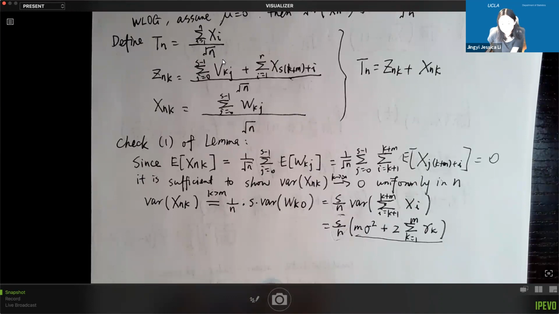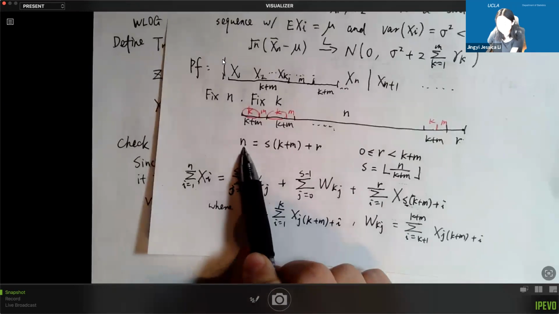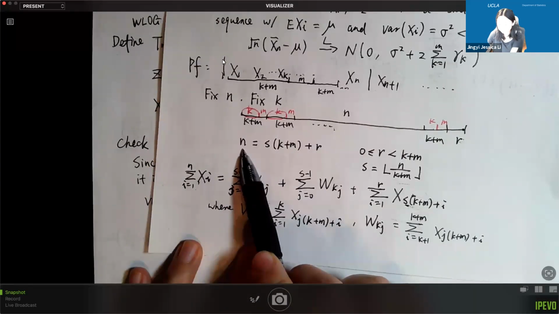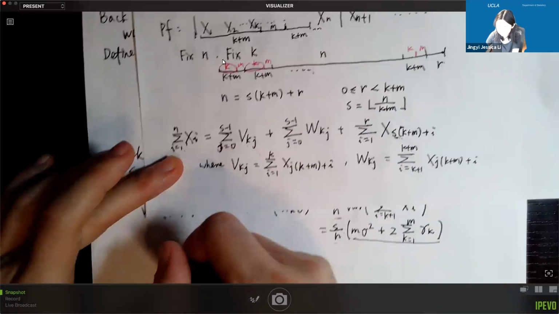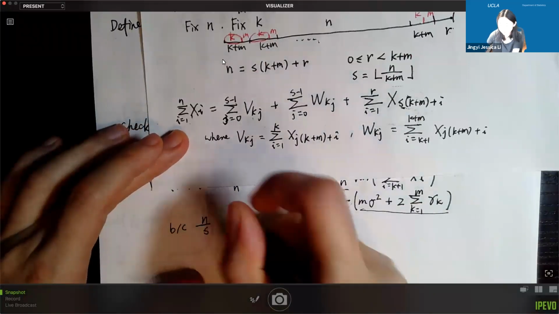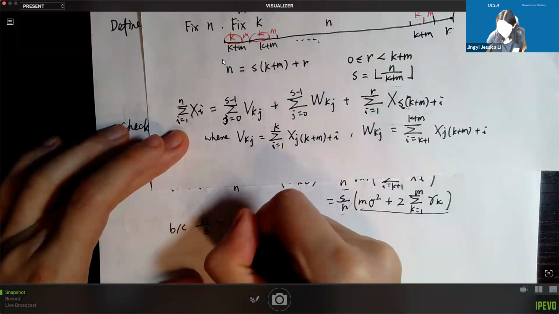I know this depends on K, because I have this important result: N is equal to S times this plus R. So if I divide S to this side, I have N divided by S greater than k plus m.